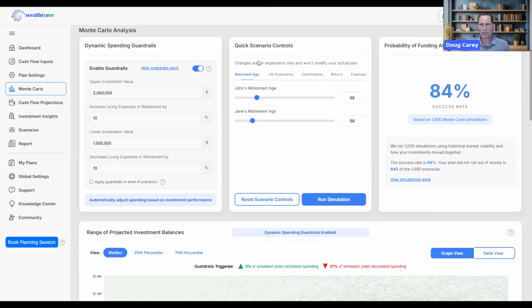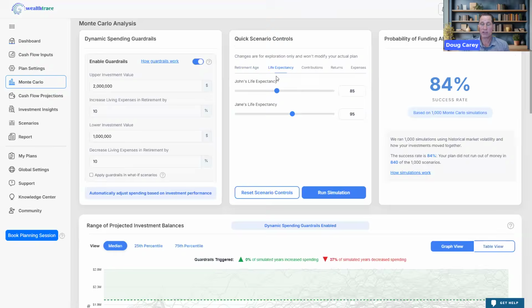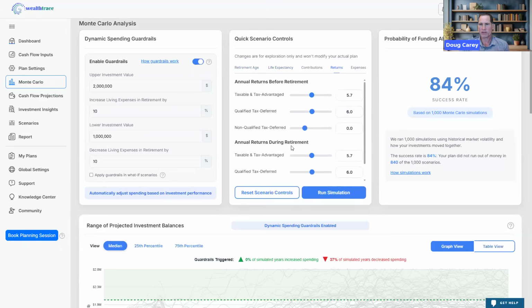You also reminded me to mention the scenarios here, which is a relatively new feature. You can quickly run scenarios in the Monte Carlo screen. So, for example, you mentioned longevity. Well, what if they live longer than expected? What if returns are lower? You can even change the returns here.